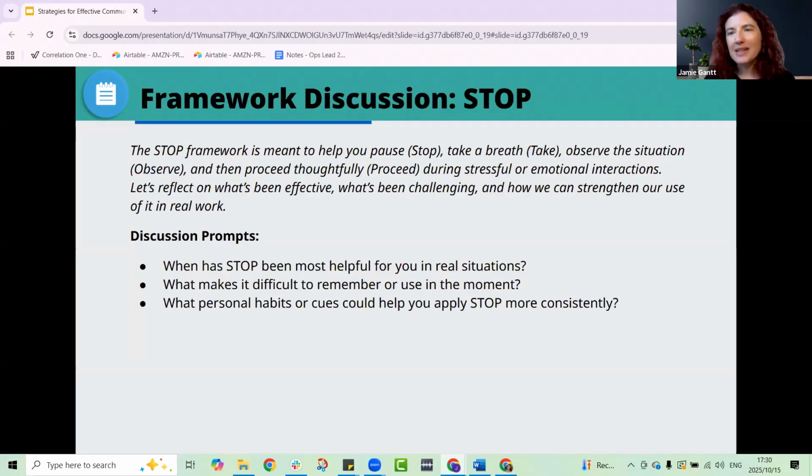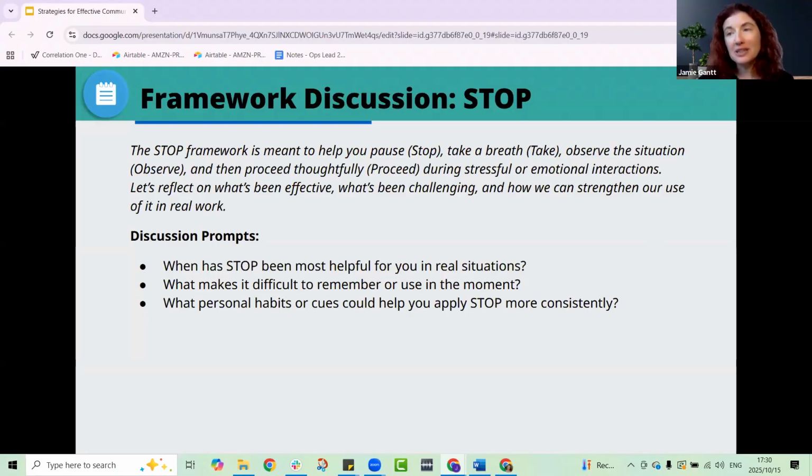All right, I see someone typing, yay. And again, we do have a very small group.